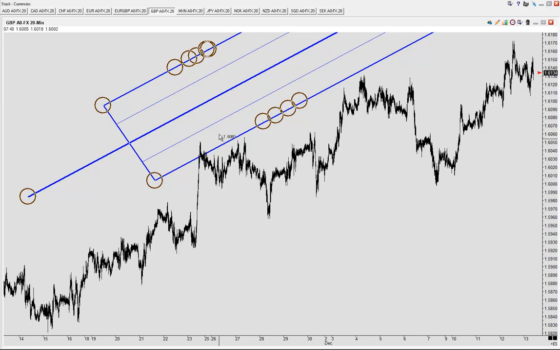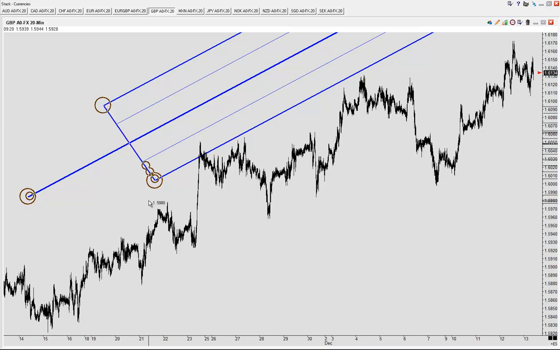Now, some people will call this the lower median line, this the upper median line. I do not. There is one median line, and it's the backbone or the spine of the fork. If you think about it, the very rationale as to why it's called a median line is that it's a line that is drawn from the A pivot through the median or middle of the BC line.